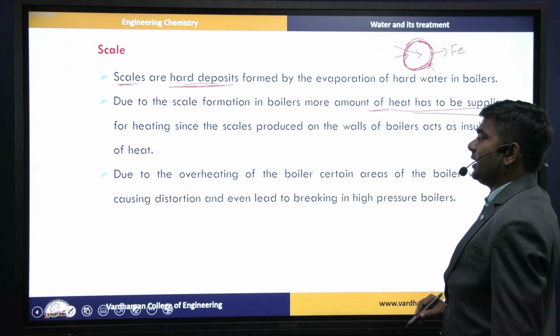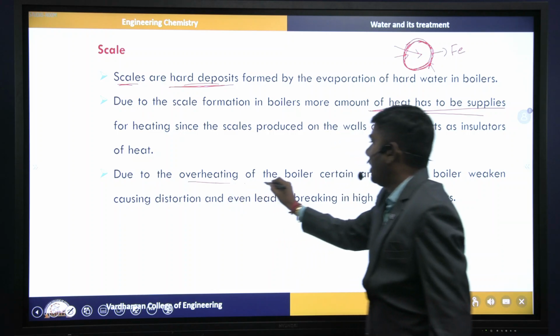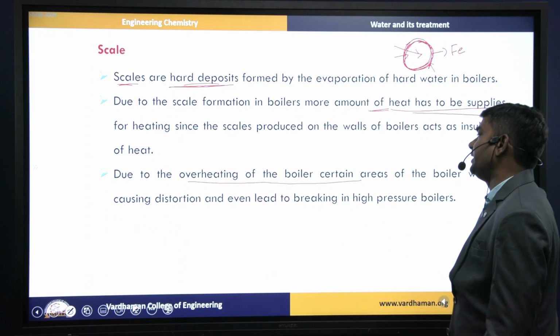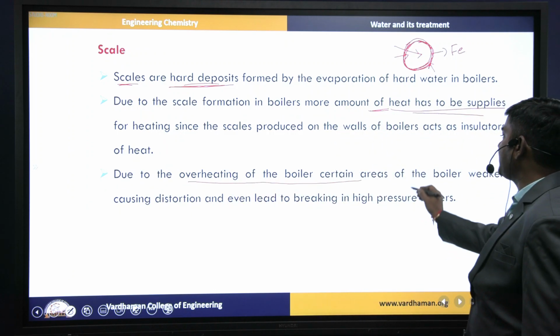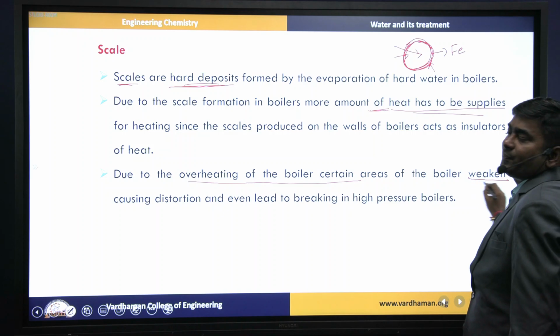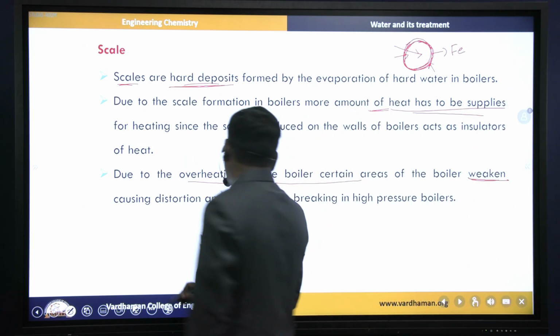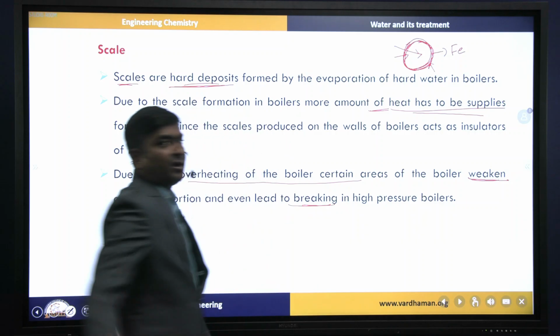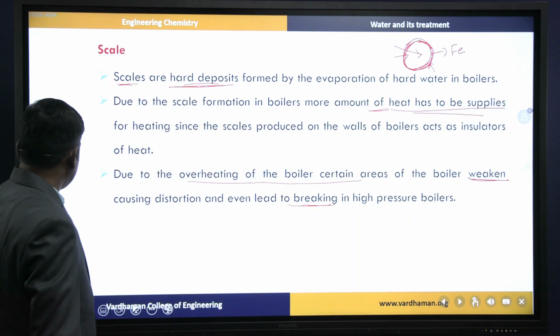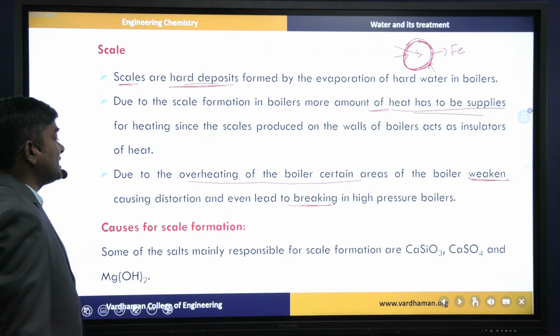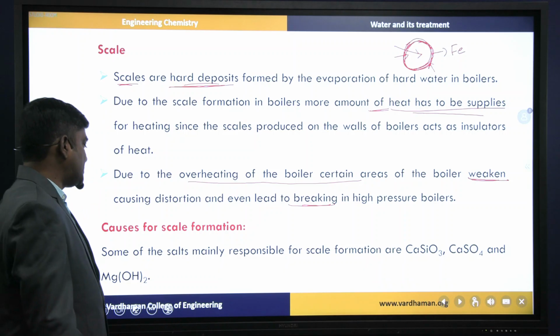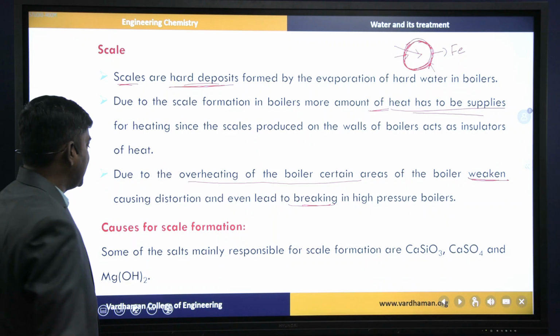Due to the overheating of the boiler, certain areas of the boiler weaken. That leads to breaking of the boiler in high pressure boilers. So, the causes for scale formation. What are the causes of scale formation?